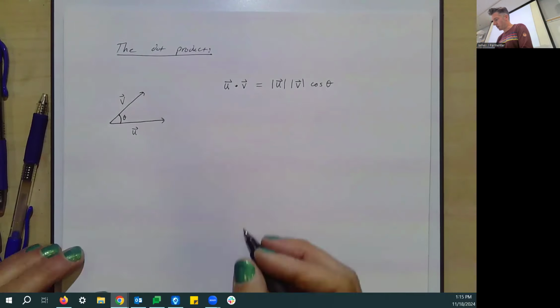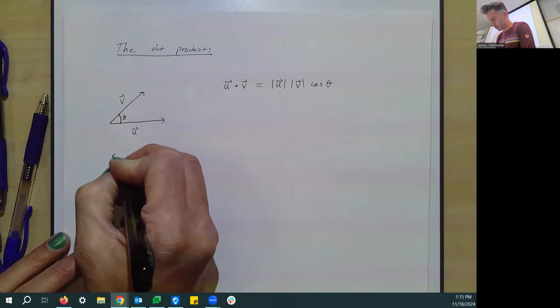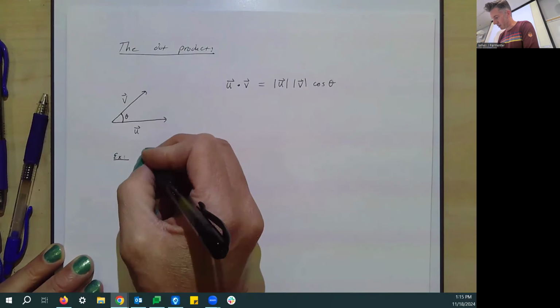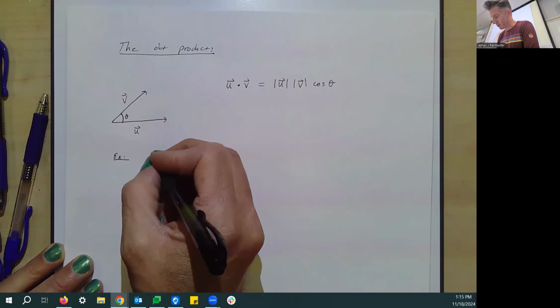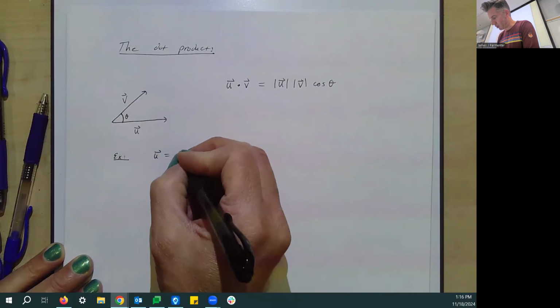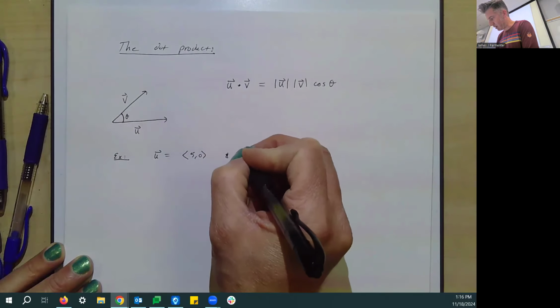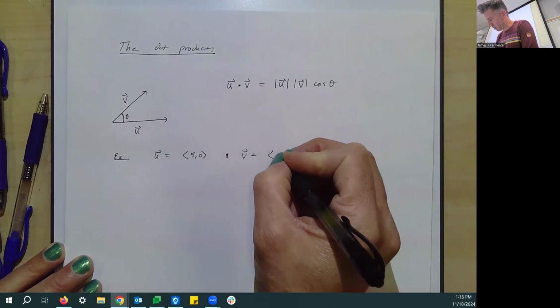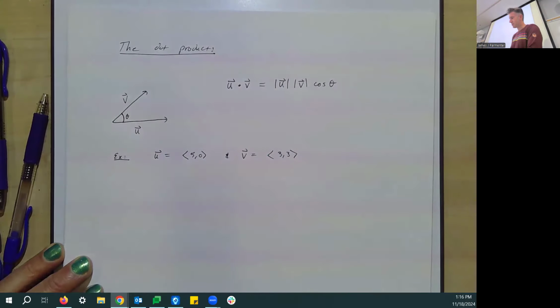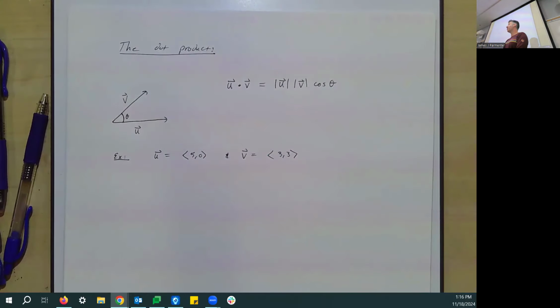So for example, the vectors U equal to 5, 0, and V equal to 3, 3. Most examples, you cannot calculate this way.